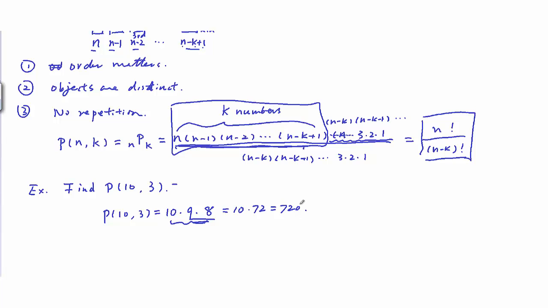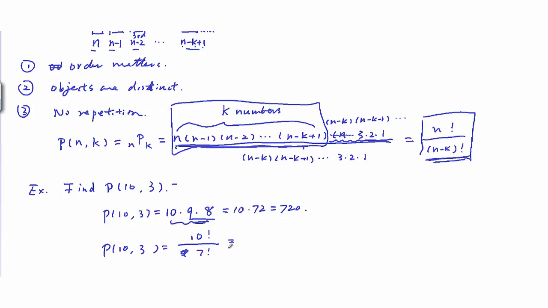But you may also use this formula to calculate. Either one is fine, depends on your preference. If you go this way, then n is 10, so you have 10 factorial. And then the denominator will be 10 minus k, so you have 10 minus 3, so you get 7 factorial.